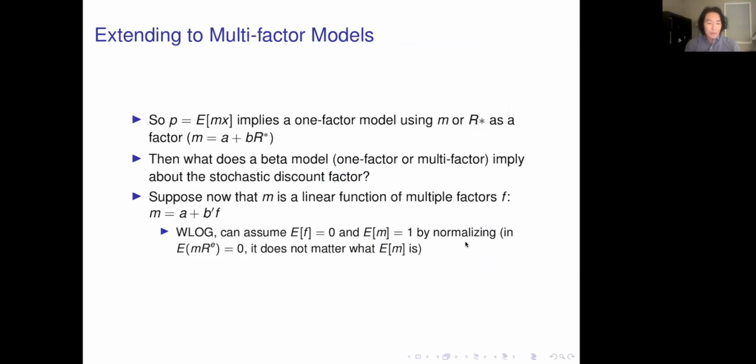We are now extending the model to the multi-factor case. In the previous case, we assumed that M can be expressed as just one factor. If you can find a single portfolio that can proxy the stochastic discount factor, then the world will be a one-factor case.